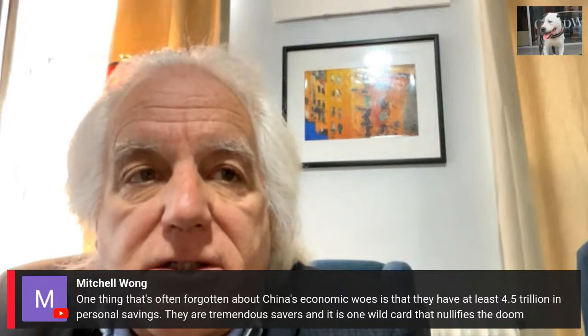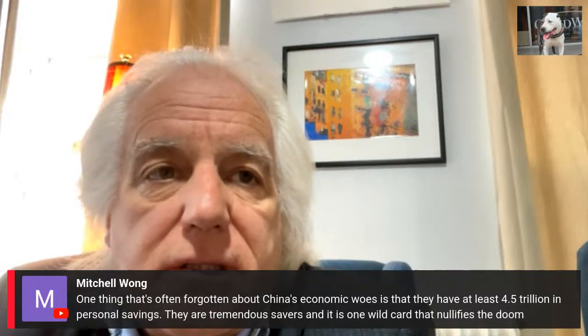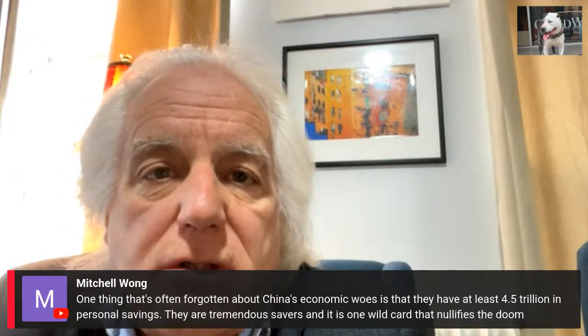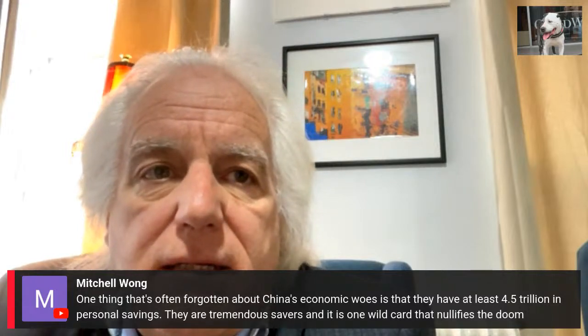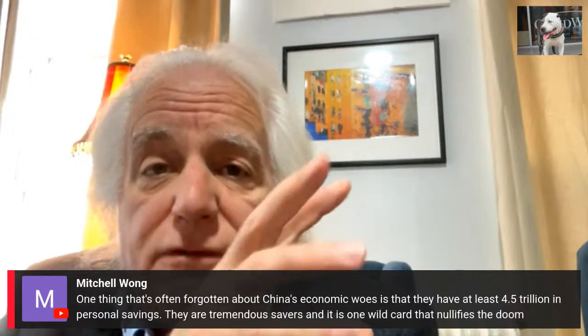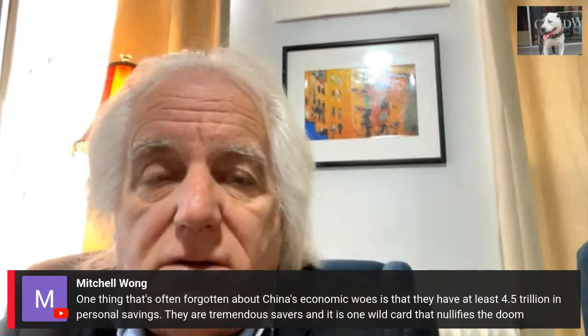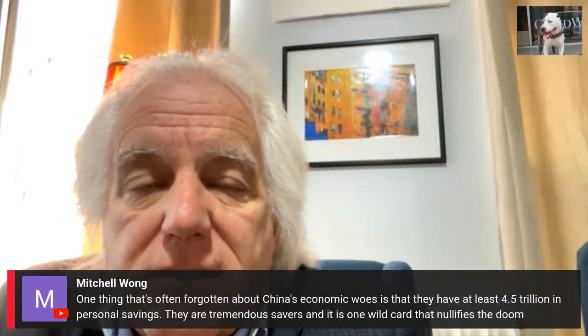But the other thing, Mitchell, is no one knows the numbers. China reports gold holdings that are very low. But people believe China's government holdings, reserve holdings, bank holdings of gold are as much as 25,000 tons.